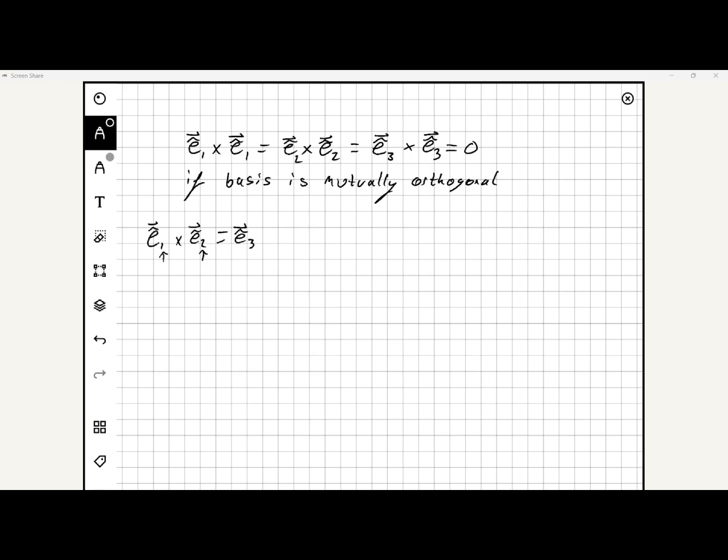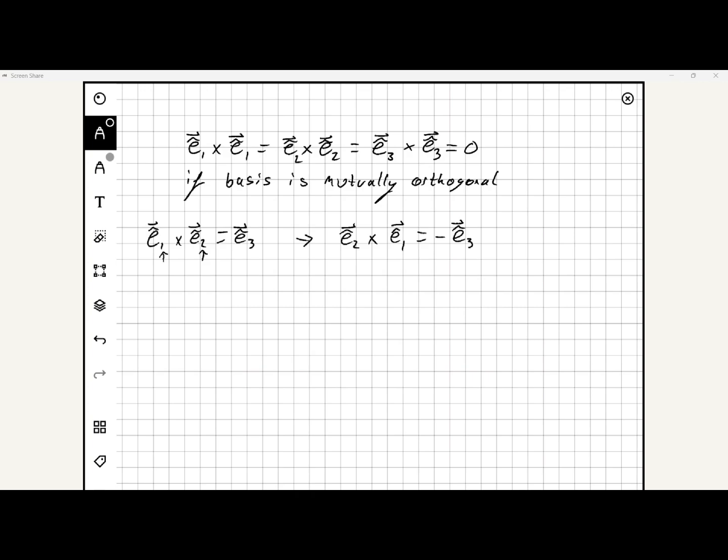But if we do the other way around, so 2 crossed with 1, this gets us negative e3. So just remember, if the numbers are ordered correctly, then we are fine. We can leave it as a positive. But if they're the wrong way round, then we are left with a negative direction.